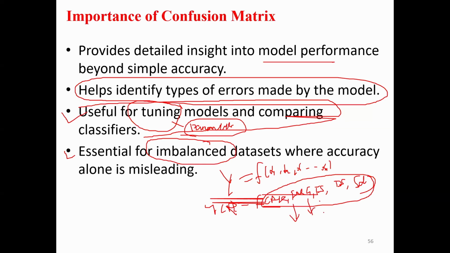Tune in the sense what? These have some values, right? Suppose one employee makes some mistake. So what will you do? You just give a warning, a caution, right? So that is nothing but tuning. So next time that particular employee will not make the same type of mistake.